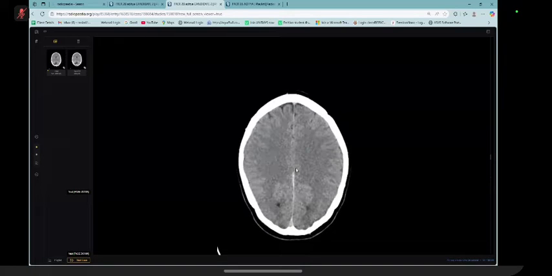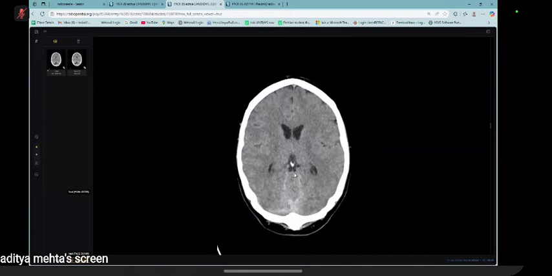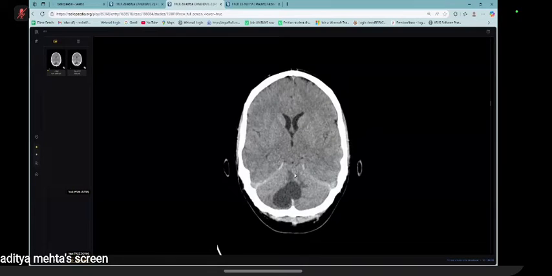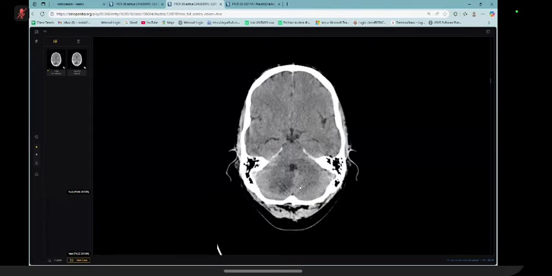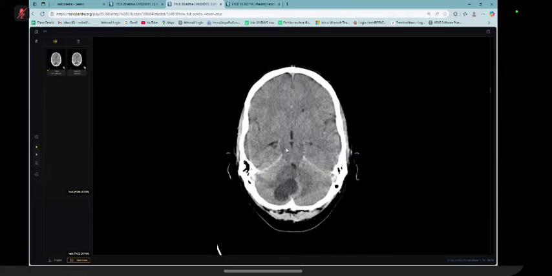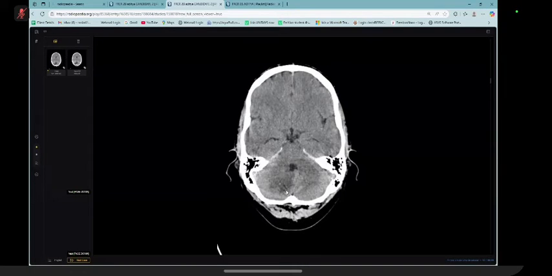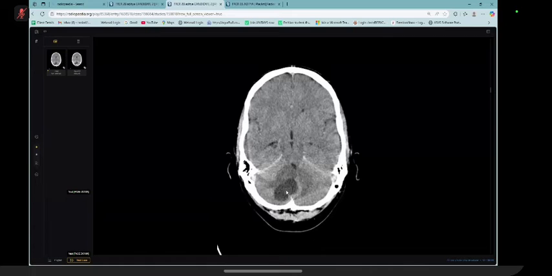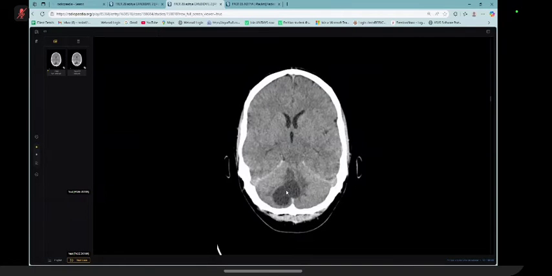So in summary, in this 40-year-old patient, a well-defined cystic lesion in the posterior cranial fossa in the region of the right cerebellar hemisphere with marked compression of the ventricular system.